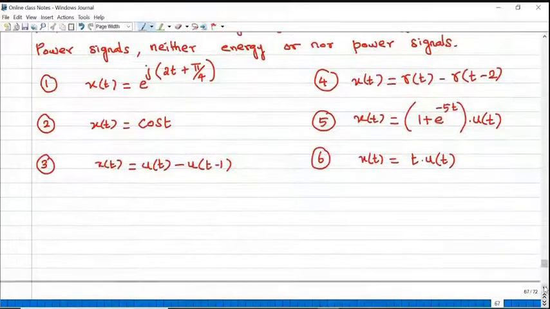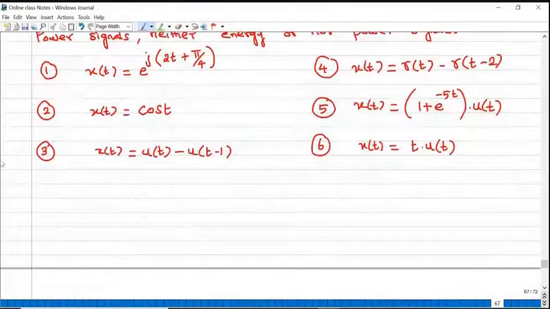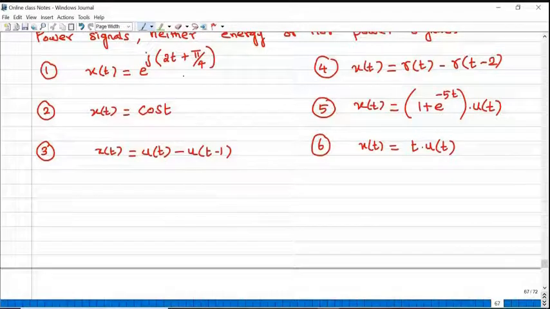Right. Problem number 1, x of t equal to e power j(2t plus pi by 4). Okay, e power j theta, a complex exponential signal. So first, is the signal periodic or aperiodic? Because already I told you some clue to identify whether the given signal is energy or power.